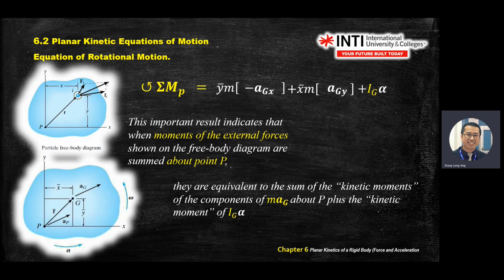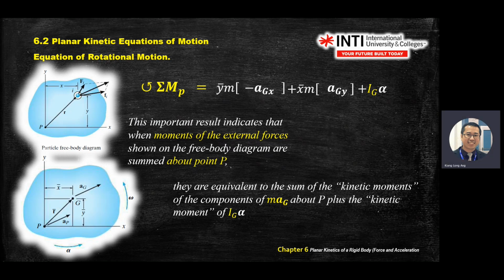After chapter 6, you convert all your acceleration, multiply by mass, put inside on the center of mass G point there. Become a force. Once they become a force and distance will create moment. That's why on the right hand side, there are moment plus angular acceleration moment.